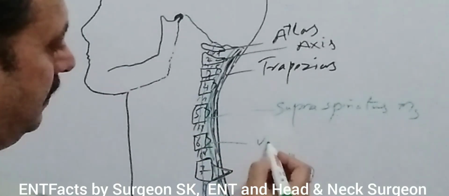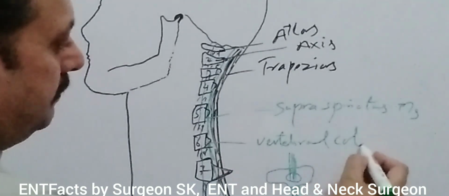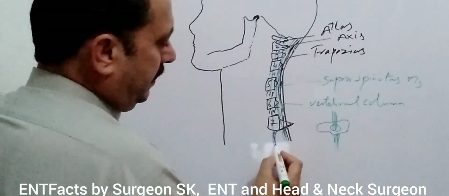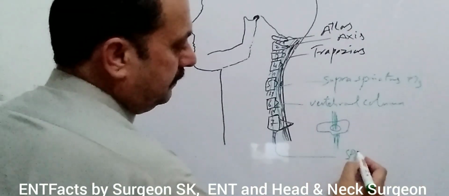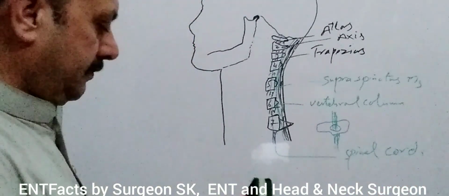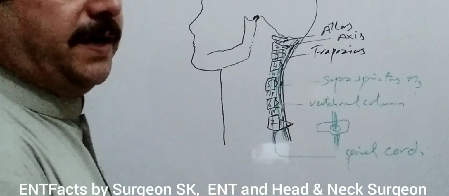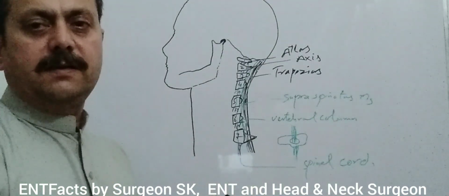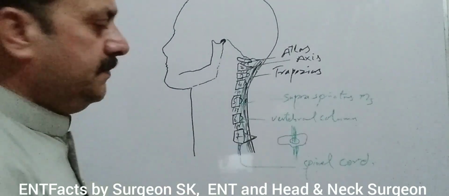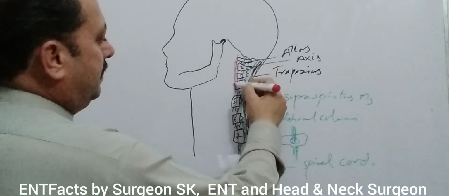The vertebrae, the vertebral column, the spinal cord. Deep to the spinal cord or anterior to the spinal cord are pre-spinal structures, which include the muscles, pre-spinal muscles.